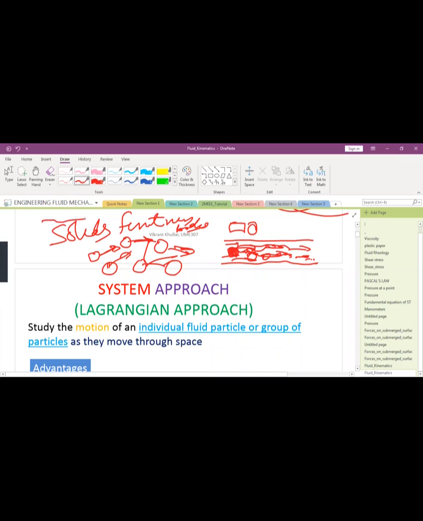So if you track a solid individually, or you track a fluid element as it moves in the flow, that is called the Lagrangian approach.